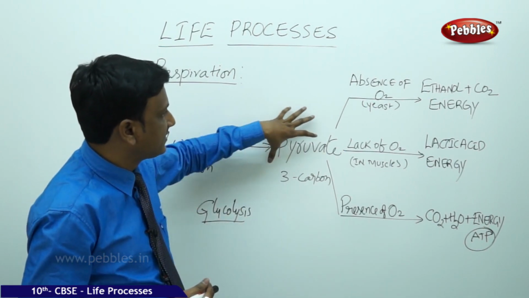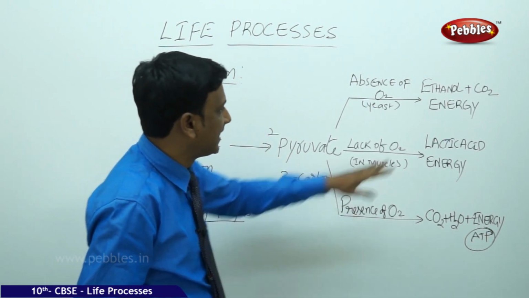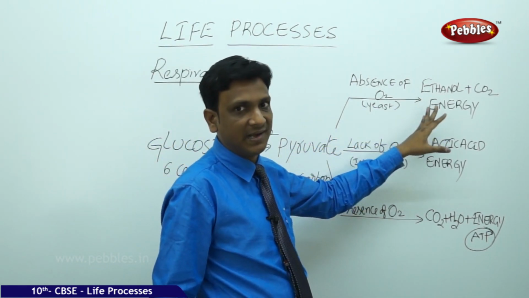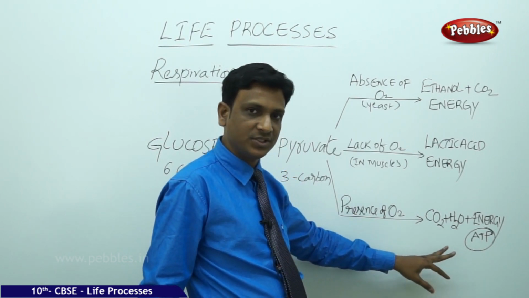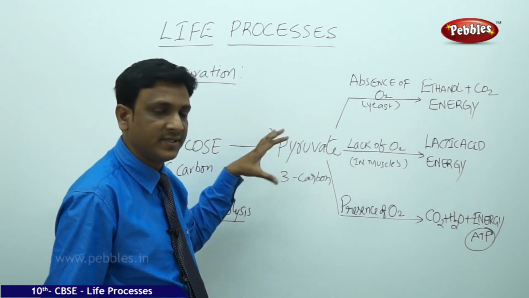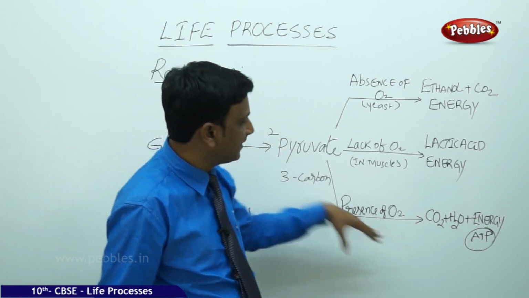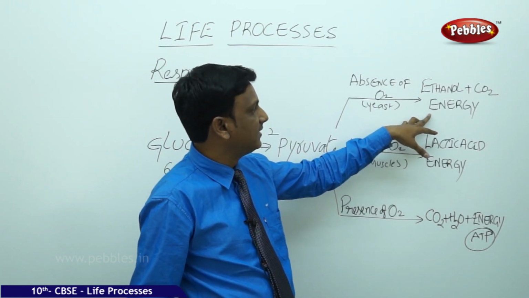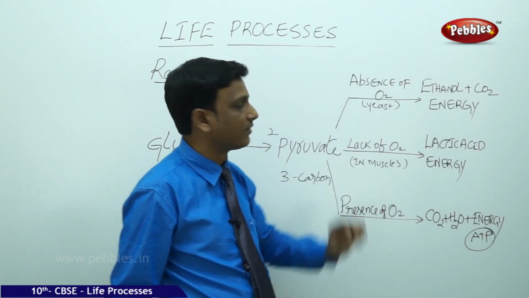So pyruvic acid is converted to ethanol, carbon dioxide and energy, but the energy is less compared to aerobic respiration. In aerobic respiration, the energy present in the pyruvate is completely taken out. Here it is not completely released. Only a part of the energy is released and some energy is still stored in the ethanol.